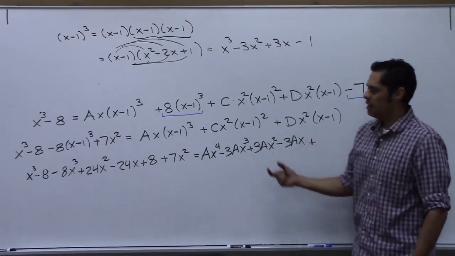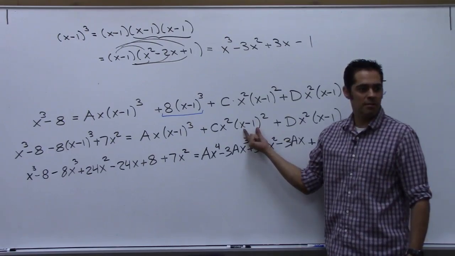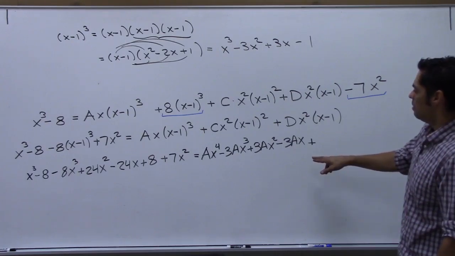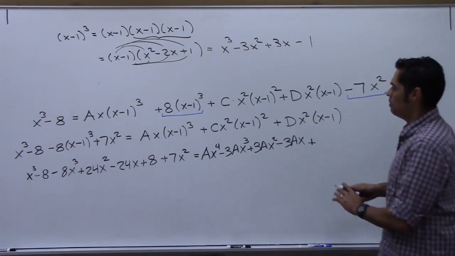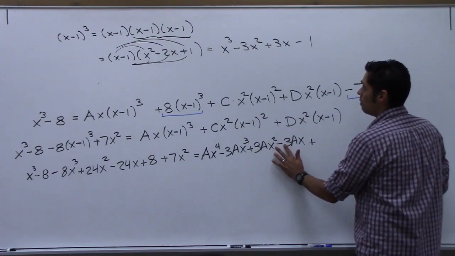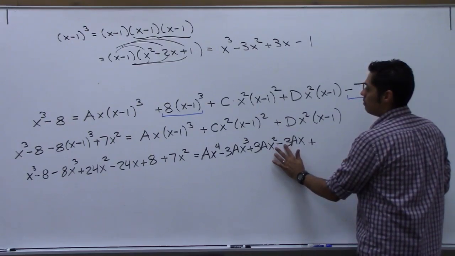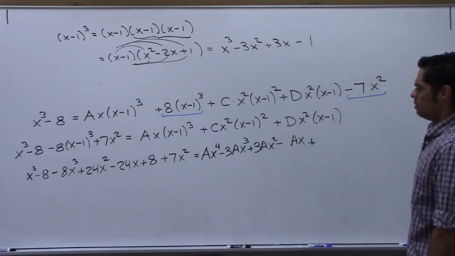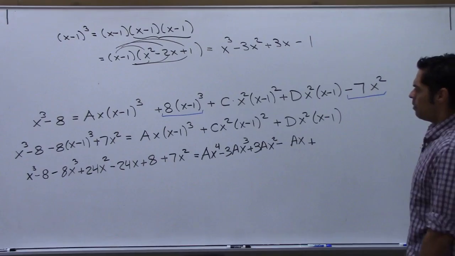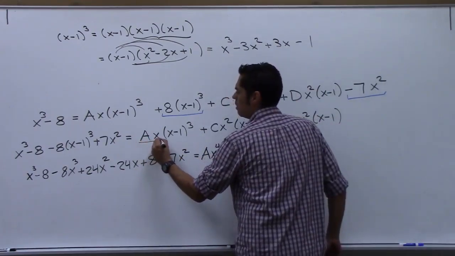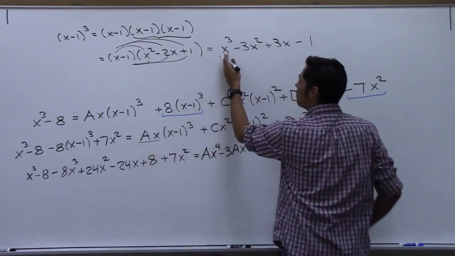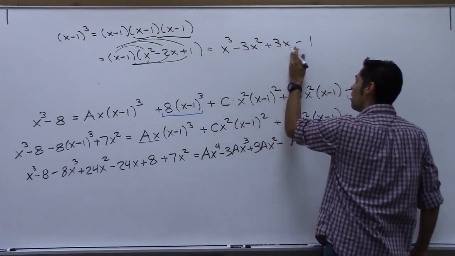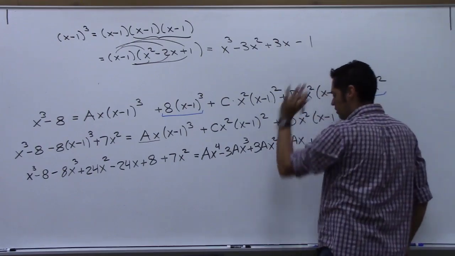Oh, hold on a second. We're doing ax times this. So ax times this is ax to the 4th minus 3ax cubed plus 3ax squared minus ax. My mistake.